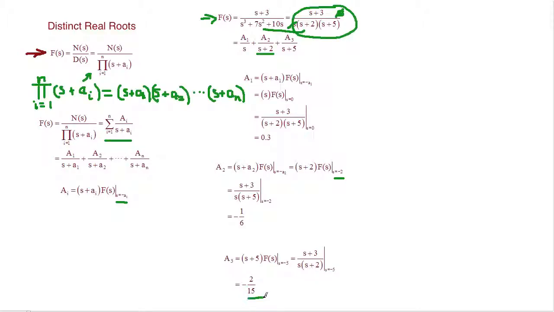This is an example we have done previously, but this is a more general representation of how we solve for the partial fraction expansion when we factor the denominator polynomial and it has distinct real roots. Okay, so until next time.